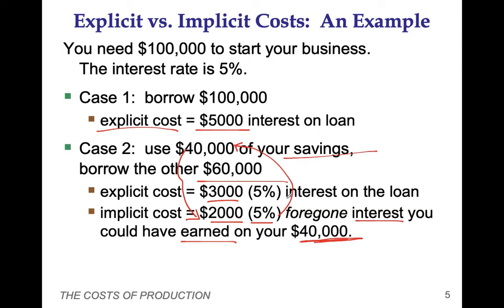So, to come back to our example, there is an explicit cost based on cash we pay to the bank equal to $3,000, and there is another type of cost, an implicit cost, representing the return foregone from using a certain amount of our savings in a business, which is $2,000.